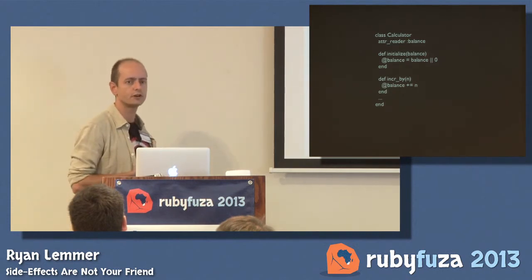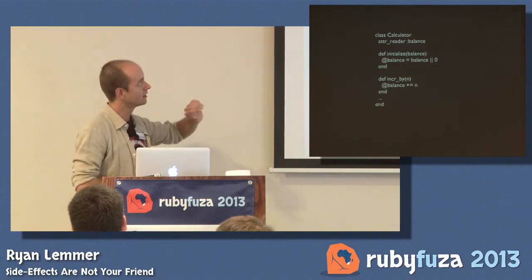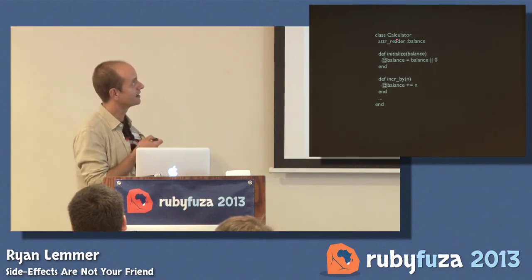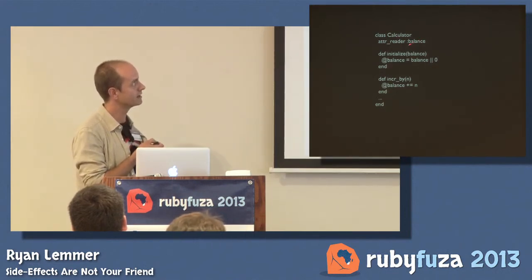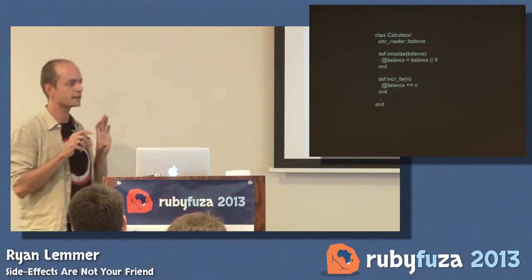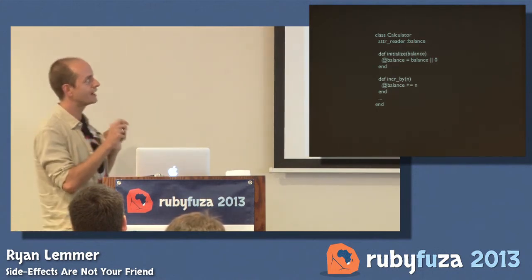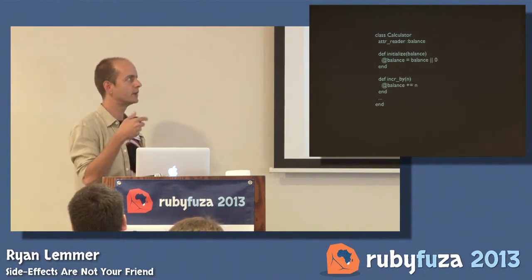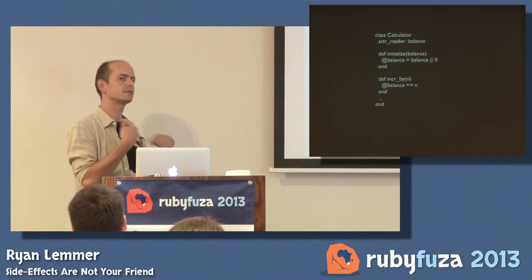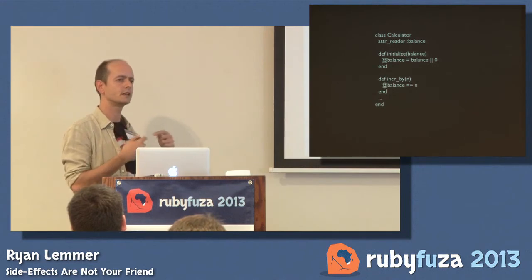Increment by is not pure. It's smeared out. And yet on the class calculator, I have a reader for balance. So if I'm standing outside the calculator class, balance is read-only. So it's a value. But inside, I'm going nuts with it, and I'm changing it, and I'm assigning it all the time.